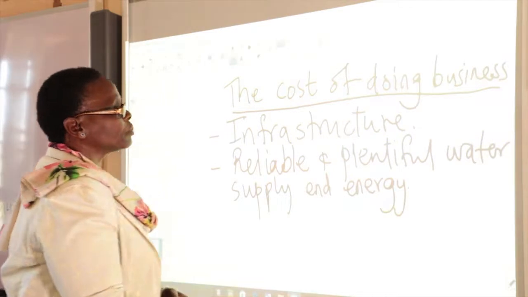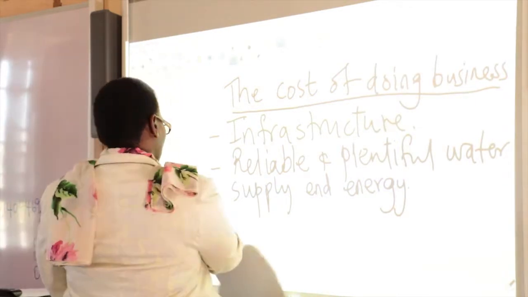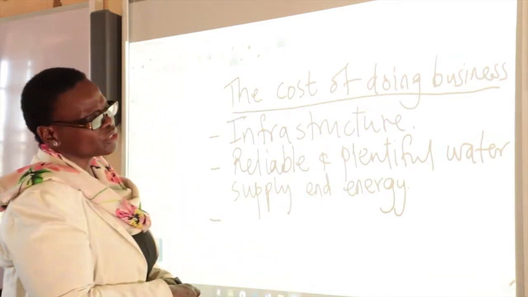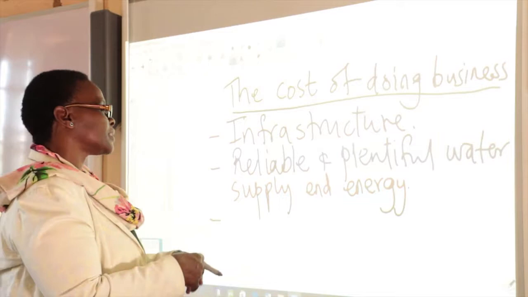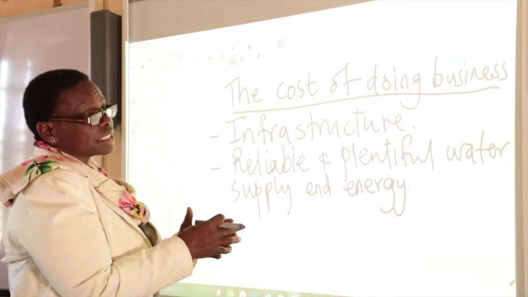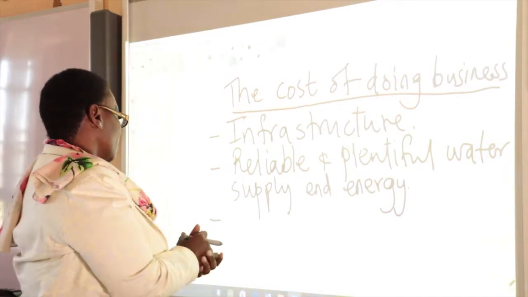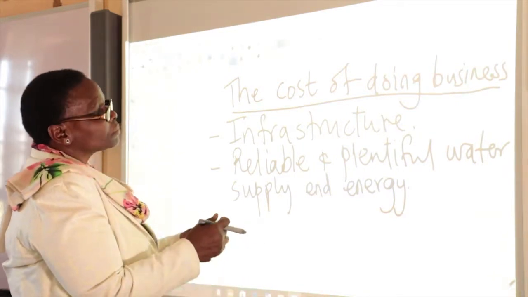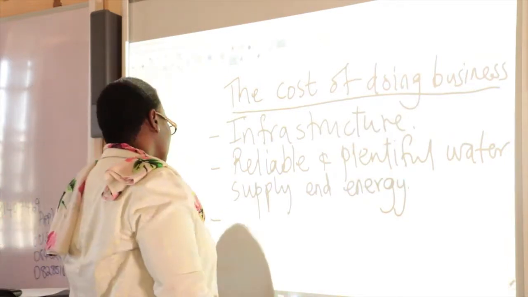The cost of doing business, other costs include the admin costs. You see, when the government requires the businesses to provide reports, tax returns and things like that, for businesses that is a cost. It could be a huge cost, which would mean that they now have less towards the production of more goods and services.